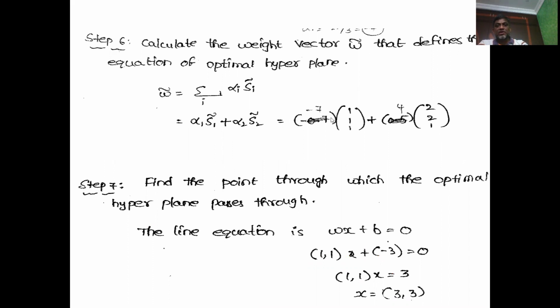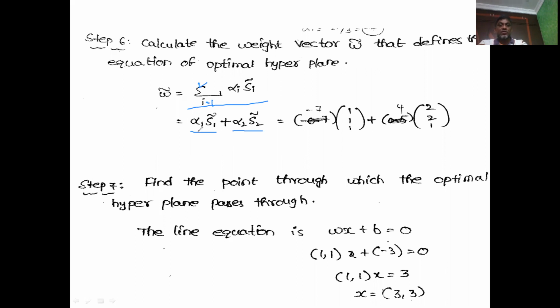Because we have two support vectors, this formula becomes i is equal to 1 to 2, that is alpha 1 into S1 tilde and alpha 2 into S2 tilde. So this i value is from 1 to 2 because we have two support vectors. If you have three support vectors, this would be i is equal to 1 to 3. It depends on the number of support vectors.